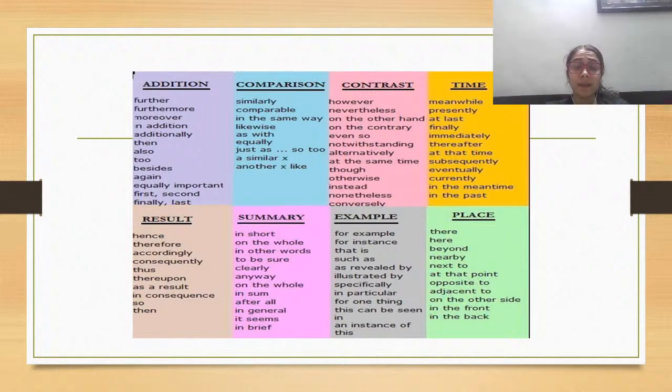Most importantly, there are some linking words already listed here on the slide. I think these will definitely help you understand why we are using them and what the right words are that can be used.